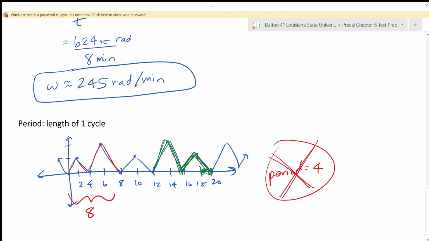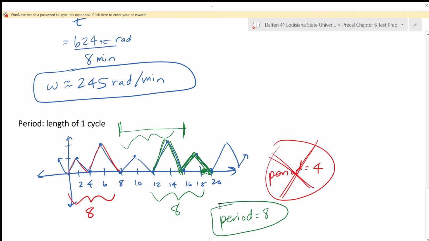So even though I did big mountain, then little mountain, that is still from 12 to 20, a displacement of 8. So in this case, your period, no matter which way you look at it, even if you started here at 8, it would take all the way until you get to 16 for these two mountains to repeat themselves. So the period in this case would be 8. It's the distance between the cycle starting all over again.